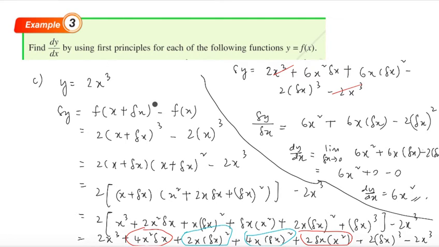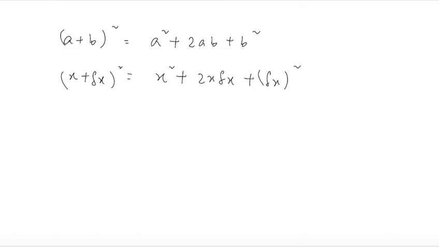Alright, so I want to touch a little bit. If you don't want to use first principle, I use a first derivative. We're going to learn this later. First derivative, given a x power n, no need for first principle. We find dy dx straight away: a times n, x power n minus 1.